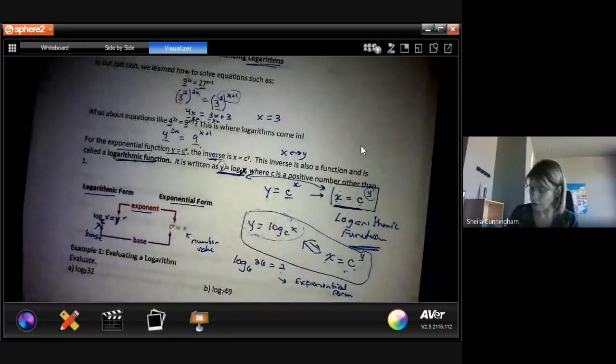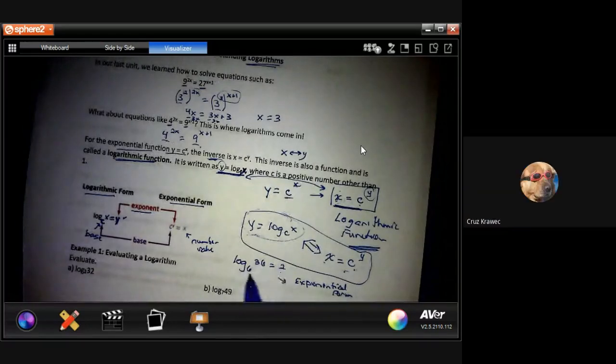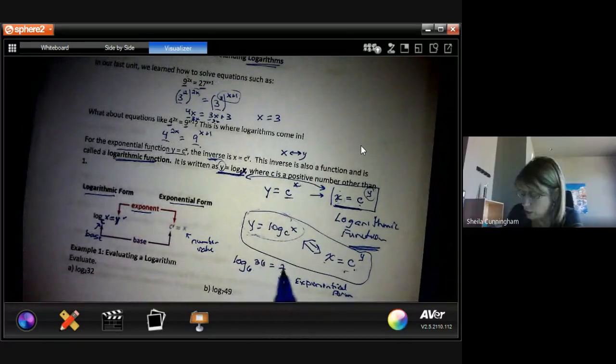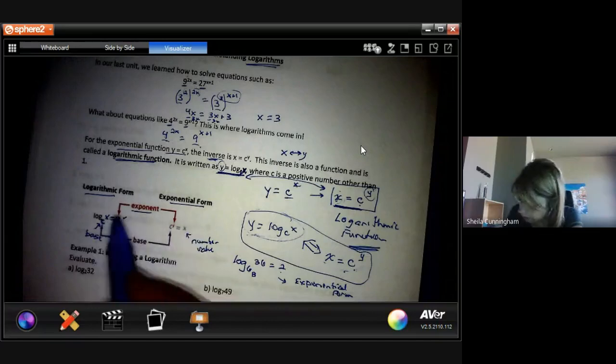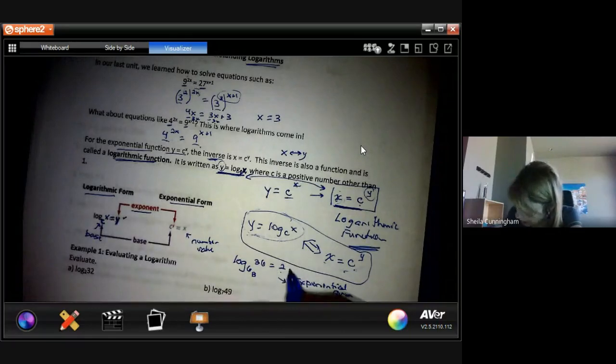I have to think very carefully about what each of these values represents. This 6 down there is my base. The value on the other side of the equal sign, the 2, represents my exponent. And then this 36 represents my number, my value.